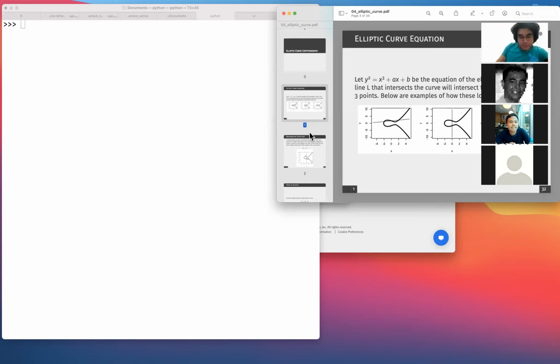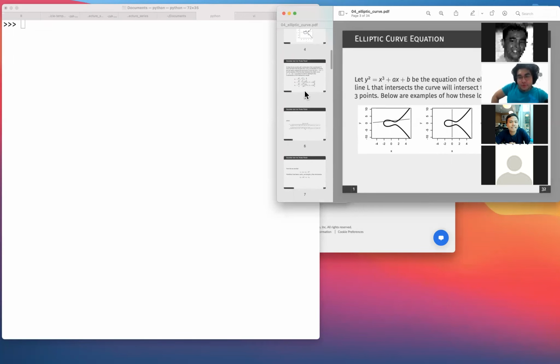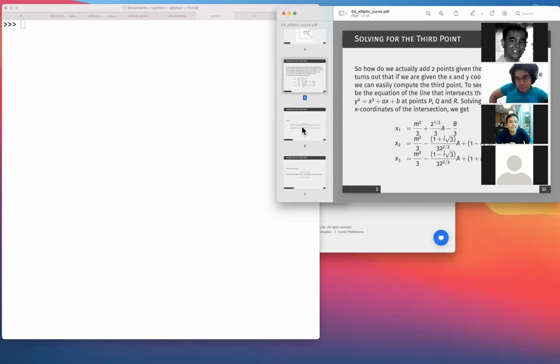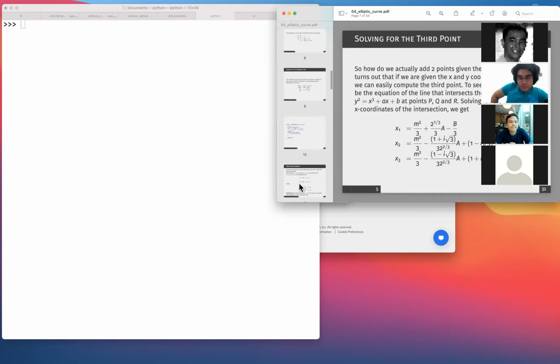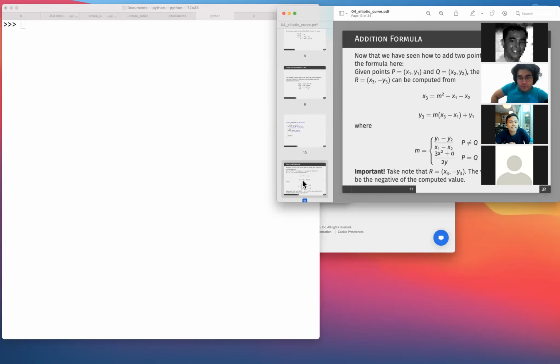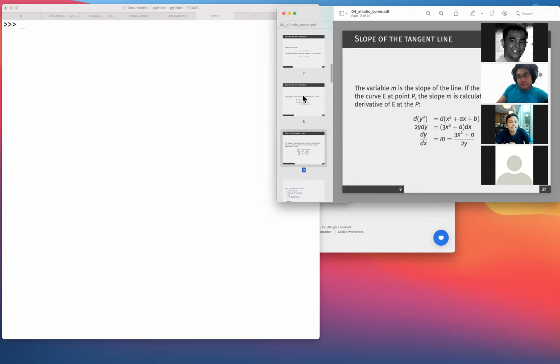So I have examples here. I fix an elliptic curve, and the equation of that elliptic curve is this one here.